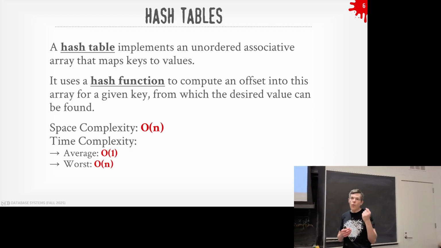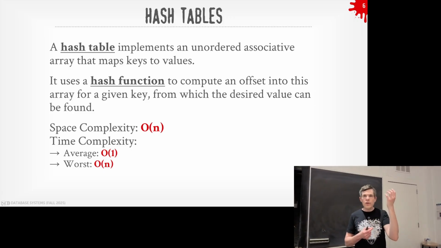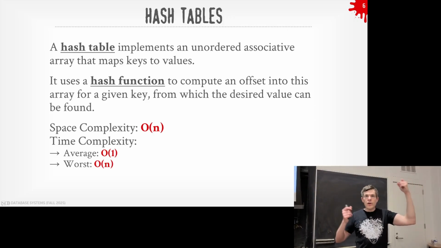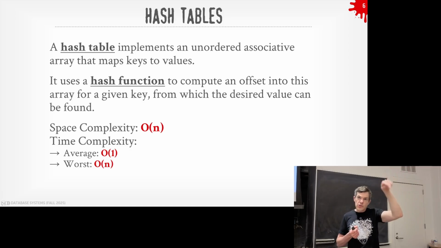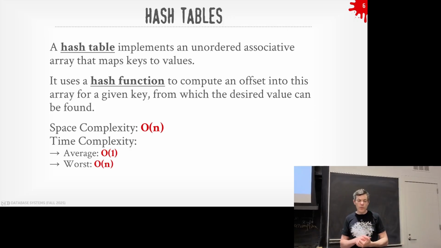At its core, there's going to be some kind of hash function, which I'll talk about in a second, that we use to take our key, which could be any arbitrary length, and run it through the hash function. It computes some integer representation of that data, and then we use that to figure out where to jump to in our hash table to find the data we're looking for.